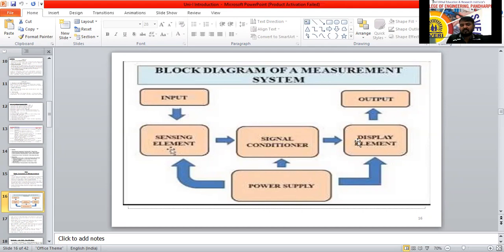Then it gives it to the display output element, which converts it from analog to digital units and displays it. Whatever the displayed value is, that is our output. And this power supply, suppose the sensing element needs 2 volts and the conditioner needs 5 volts. Like that, all three blocks require the power supply, and it gives power to these three blocks.